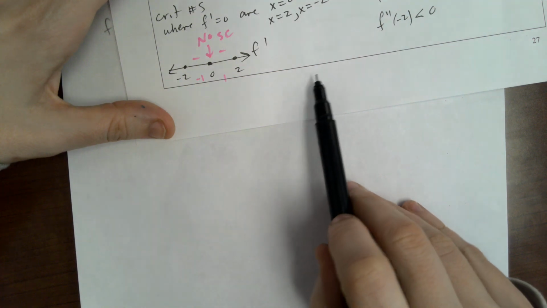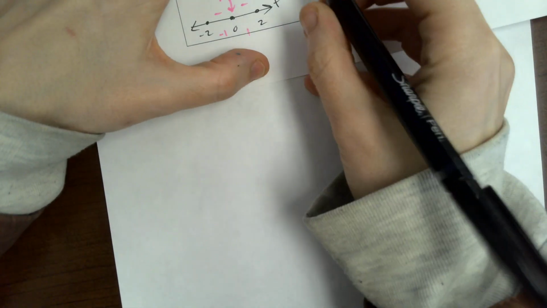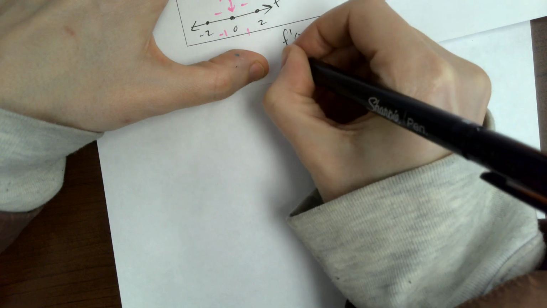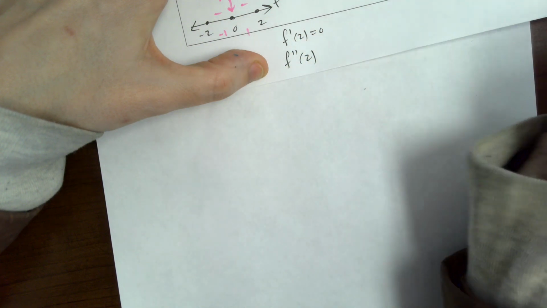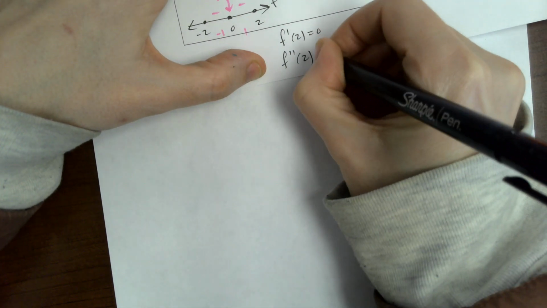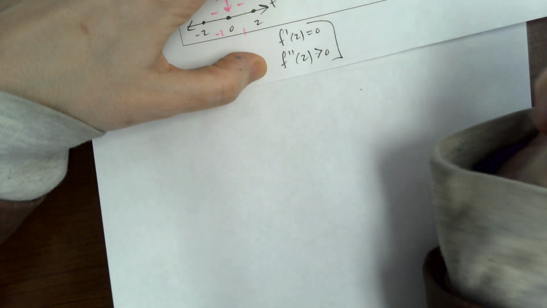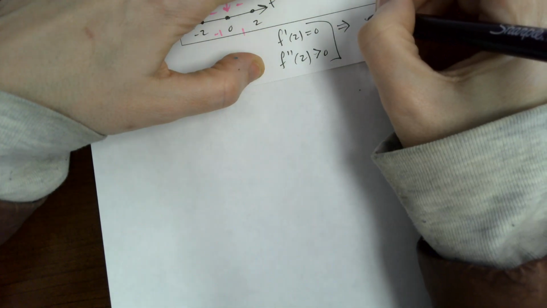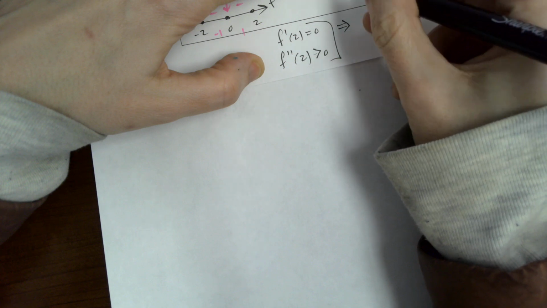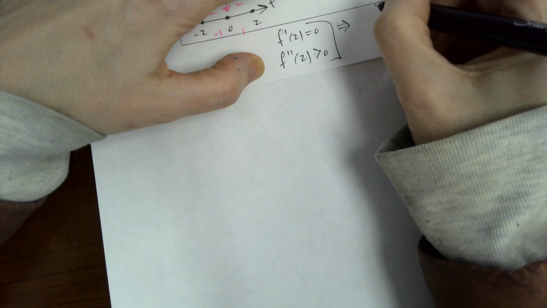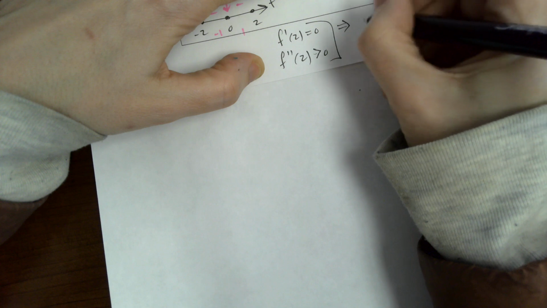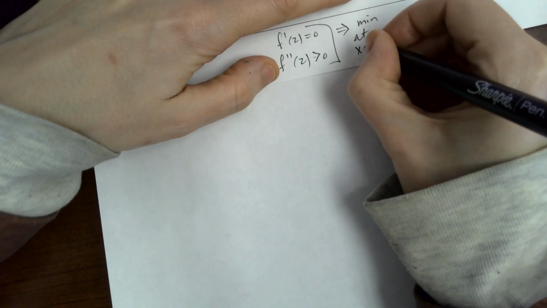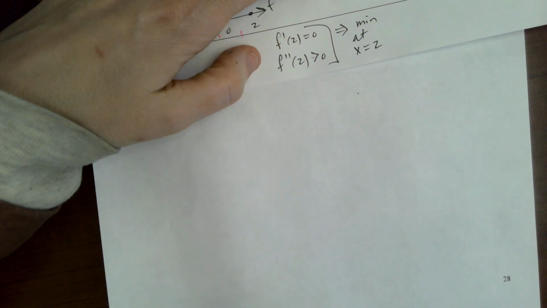All right. Okay, so let me just put together what I've got here. So we've got f prime of 2 is 0. F double prime of 2 is greater than 0. All right, so what do we have? So concave up, so min at x equals 2.